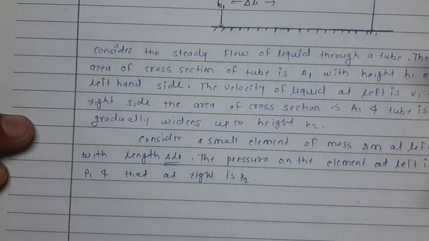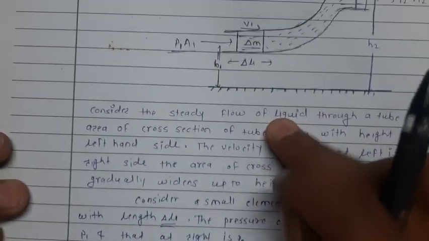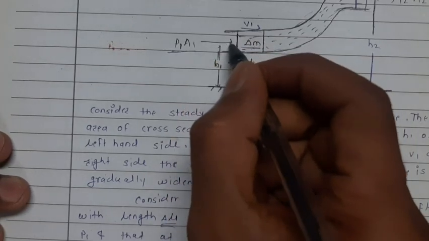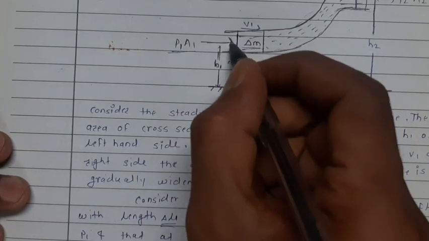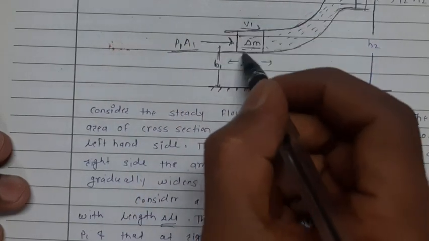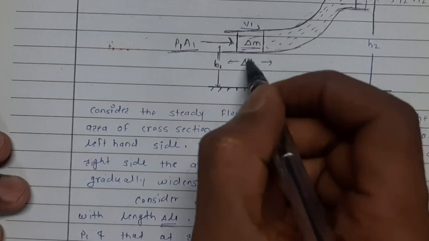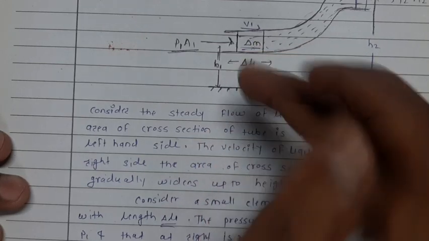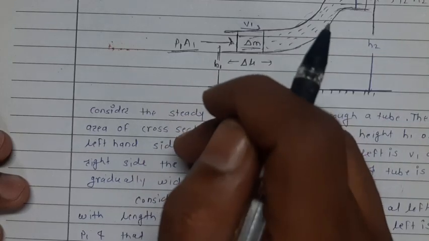As the force due to pressure acts on this element, as you move from this point to this point, the element will travel a certain distance. Let us say delta L1 is the distance traveled by this element.